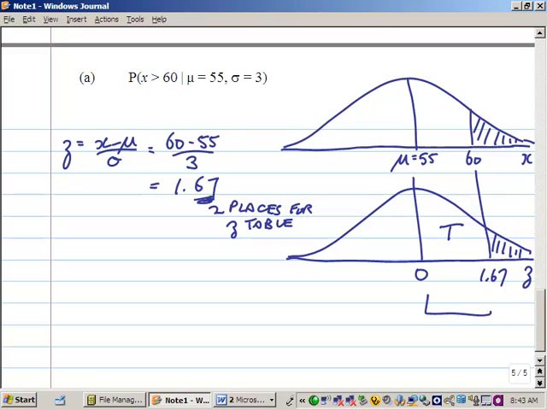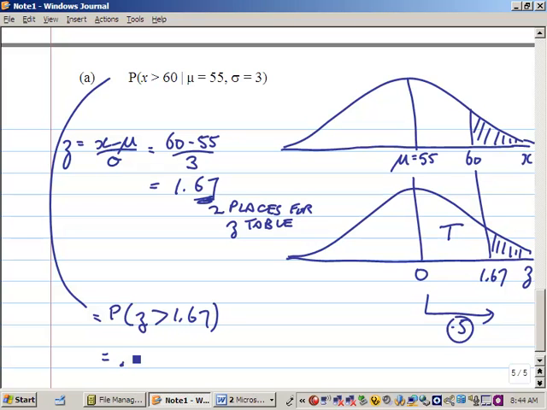That whole side of the distribution is a half, so the probability we're looking for is the probability of z greater than 1.67, and that's a half minus the value from 0 to 1.67, which we'll find in the table.